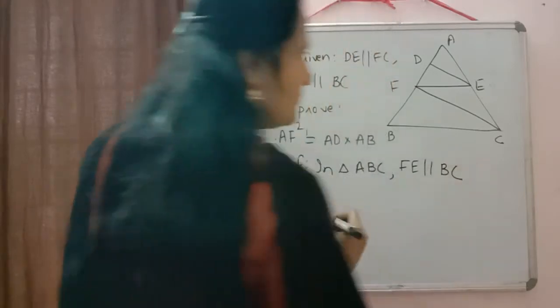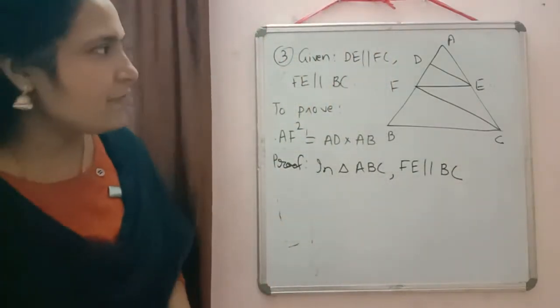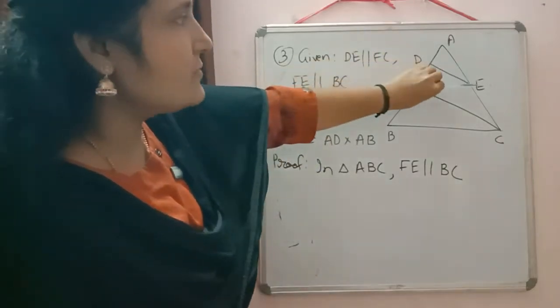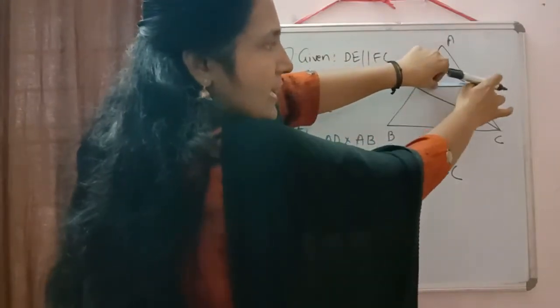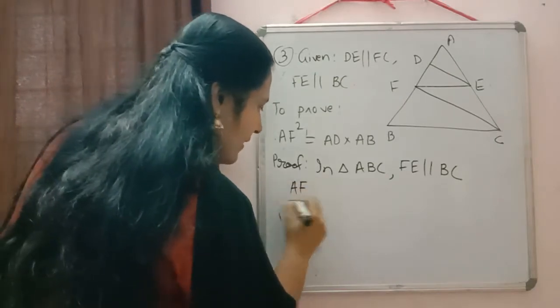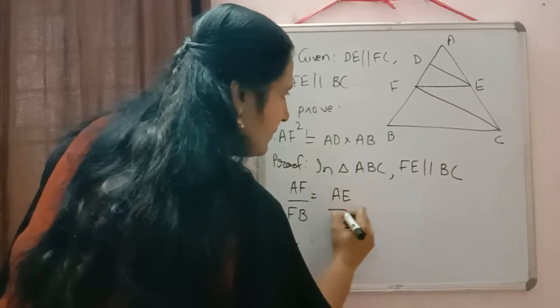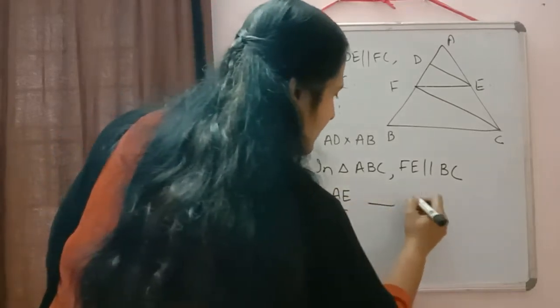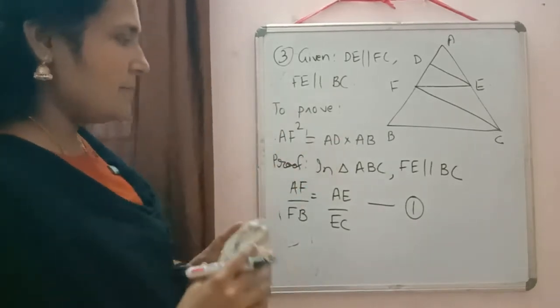So by BPT what can we say? AF by FB is equal to AE by EC. Just write down there, AF by FB is equal to AE by EC. Make it equation number 1. In triangle ABC, we used BPT.